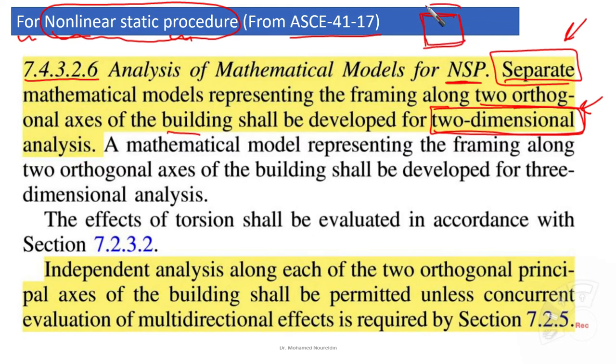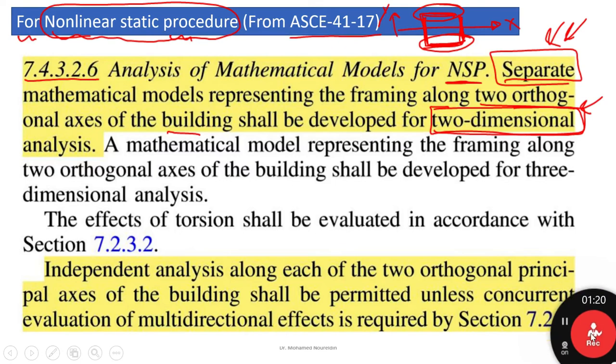For example, you can use the main resisting framing system in the X direction, and then in the Y direction you can use the other one, which is orthogonal to the first direction, and they are separate, both of them.